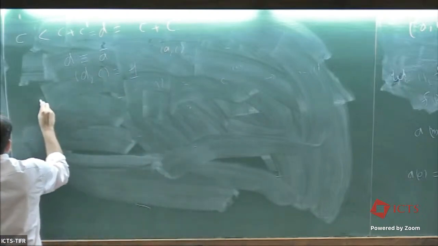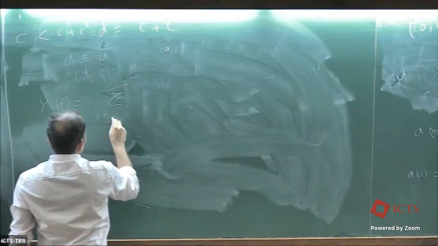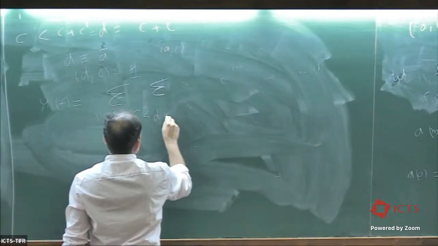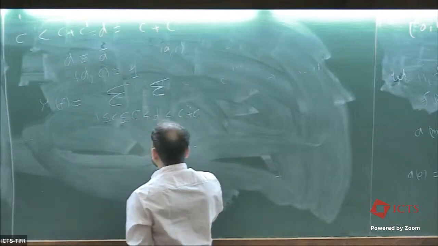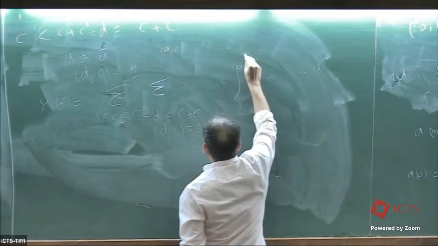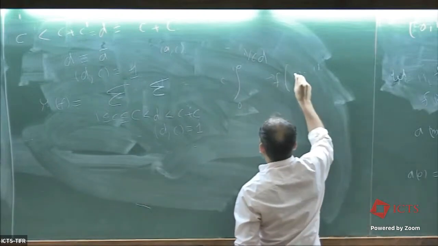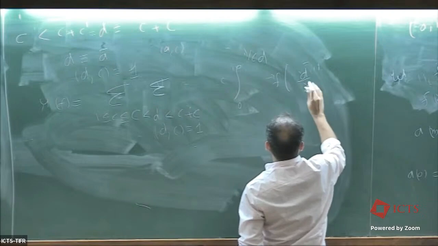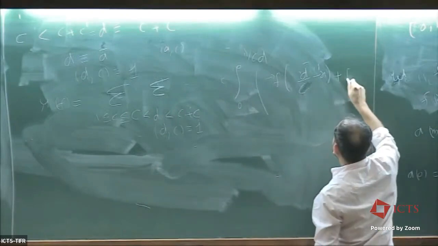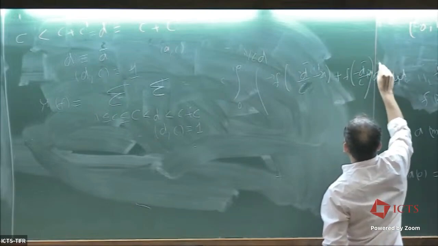So the condition on D is: summation 1 less than or equal to C going up to capital C, summation on D, D bigger than capital C, less than or equal to C plus capital C, D co-prime with C, integration of 0 to 1, 1 by C D. Now change the variable x going to minus x there. f of D bar by C minus x plus f of minus D bar by C plus x dx.